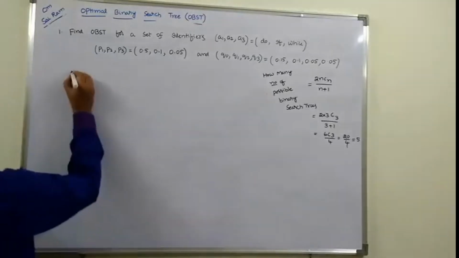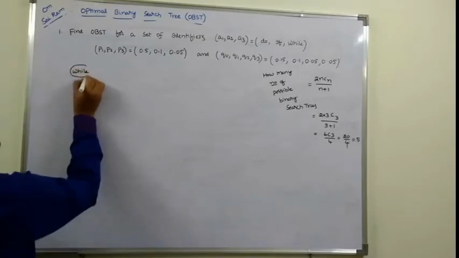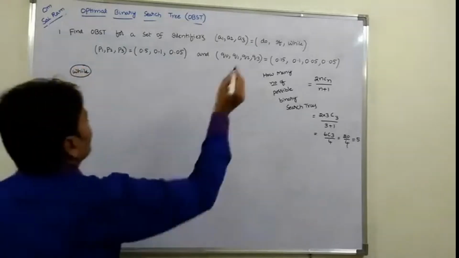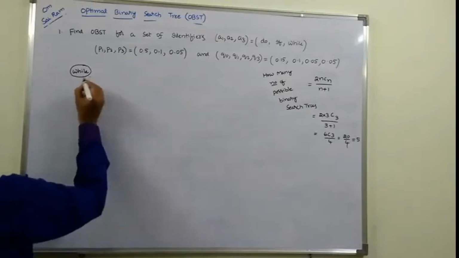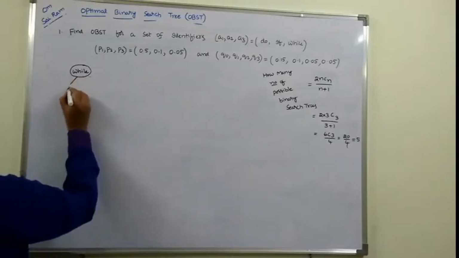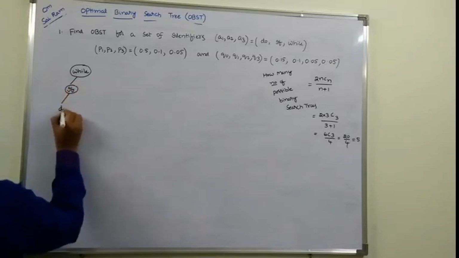First one: while is the root node. Next, if. Next, do.